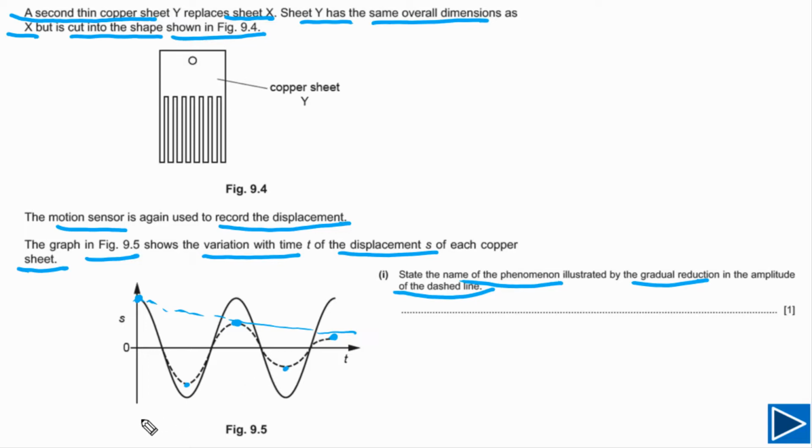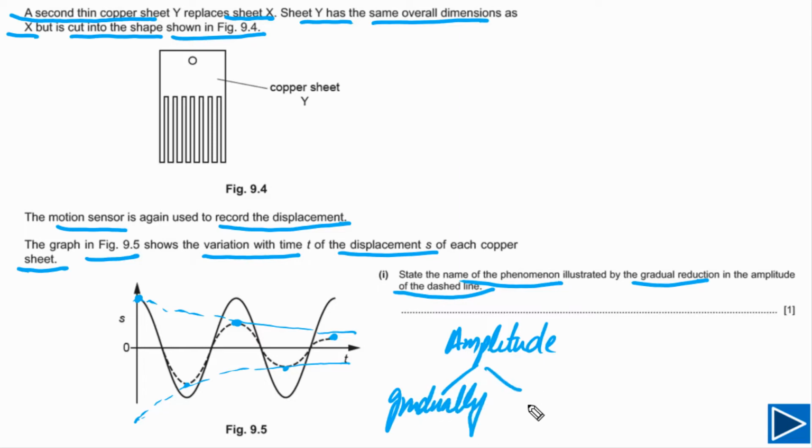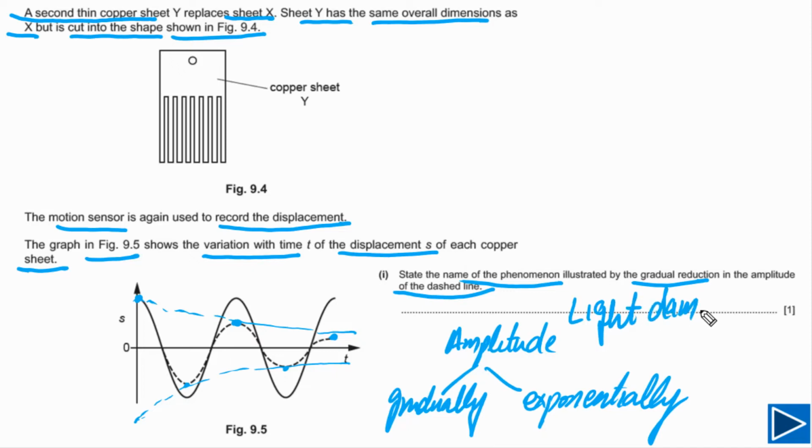This is also exponential decay. So in this case amplitude decreases gradually and exponentially. So this is light damping. Simply we need to write down this is light damping.